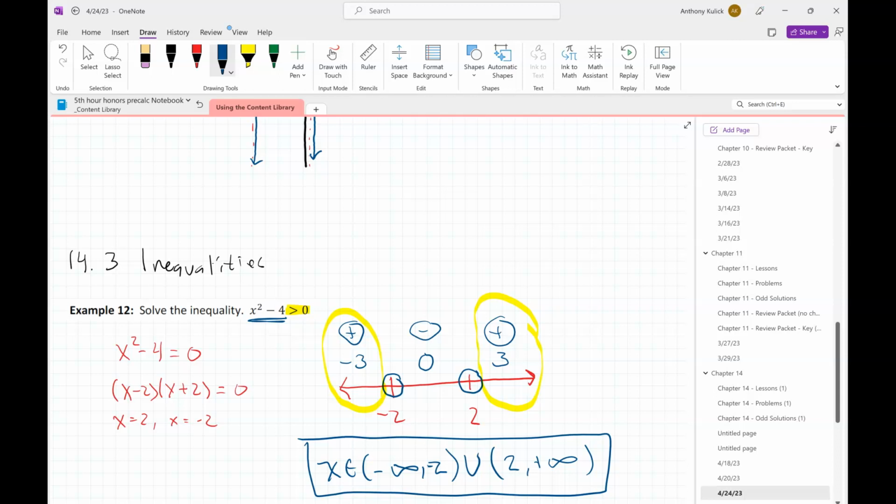Now, some of you might have said, well, shoot, Mr. Kulik, I know the thing looks like this, so those are my answers, right? I don't really need to do all that work. And I'd say, sure. What happens if that's a more complicated polynomial, though? This is just me demonstrating a concept. Surely, yes, you could have thought about this graphically and come up with the same answer without any of the work that I just did, and that's fine.